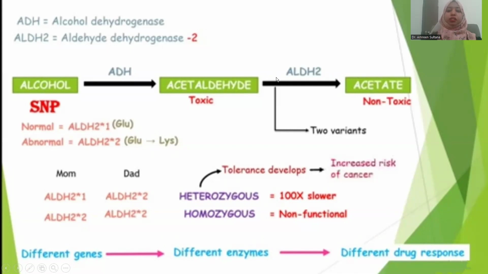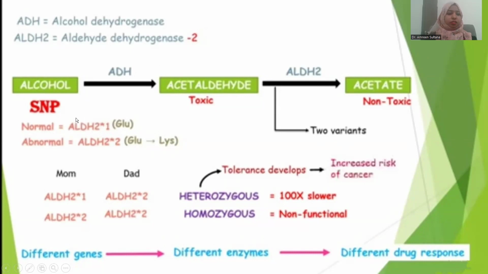How is acetaldehyde converted to acetate? You need to identify it: it is based on ALDH2, aldehyde dehydrogenase 2. This acetate is a non-toxic substance. Now, it comes from two variants.